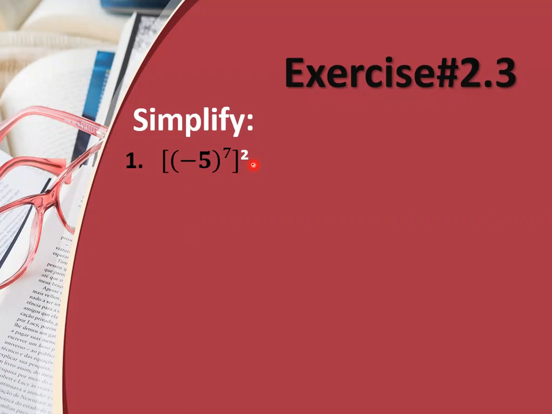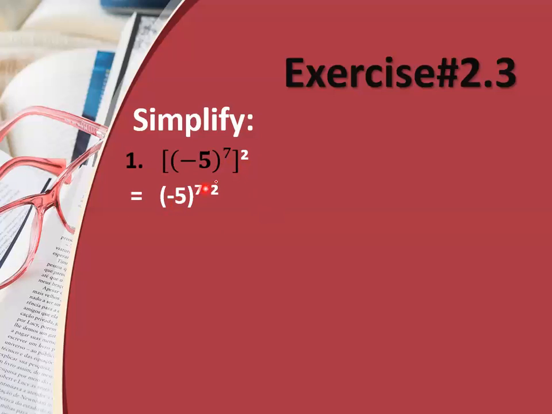Okay, so for the law of power, what you will do? If you have power of the power, so powers will simply multiply. Okay, powers will simply multiply. How? Your base will remain same, that is -5.